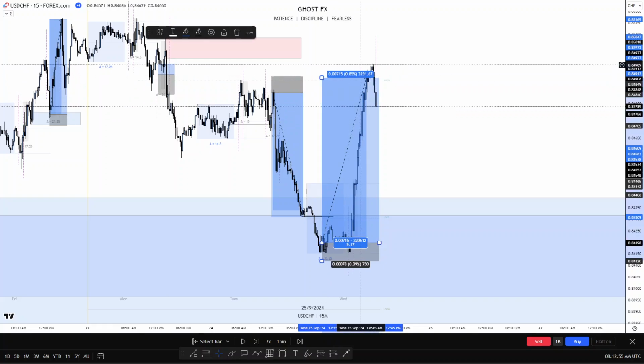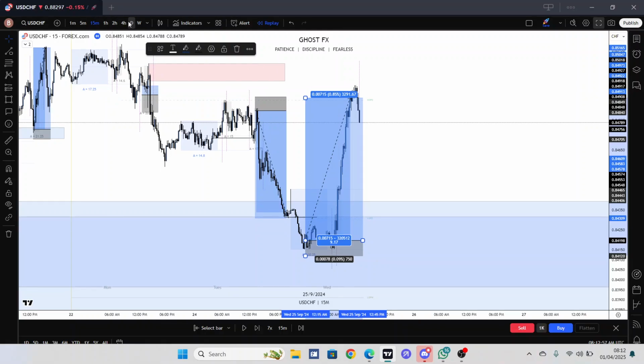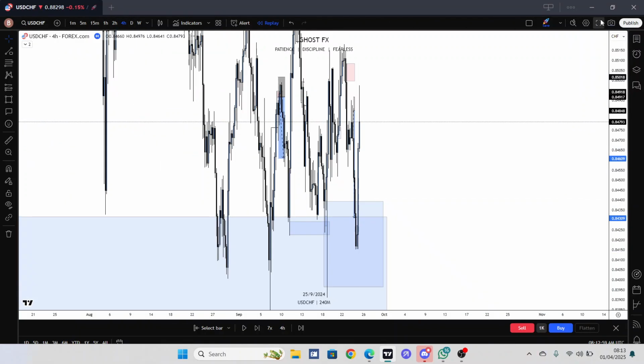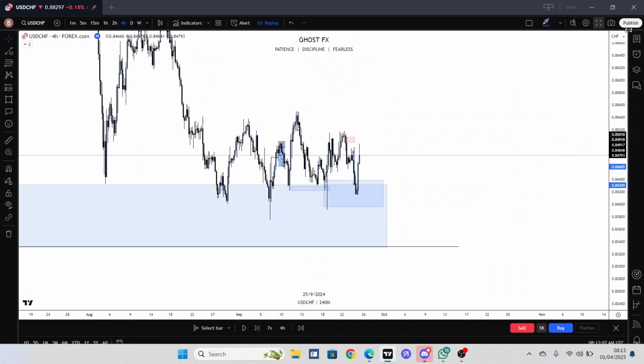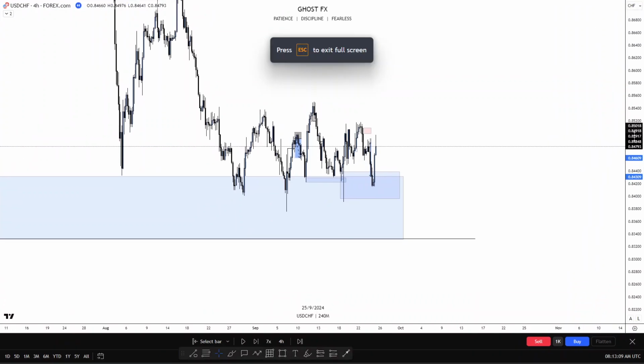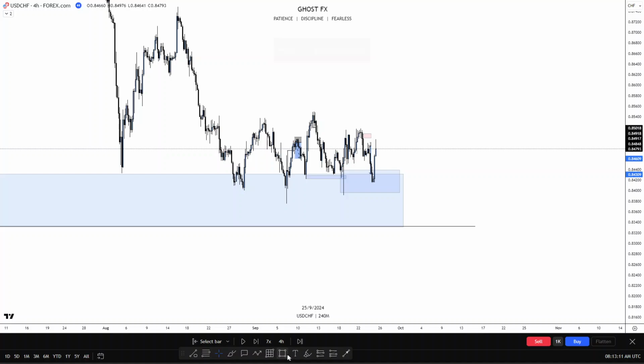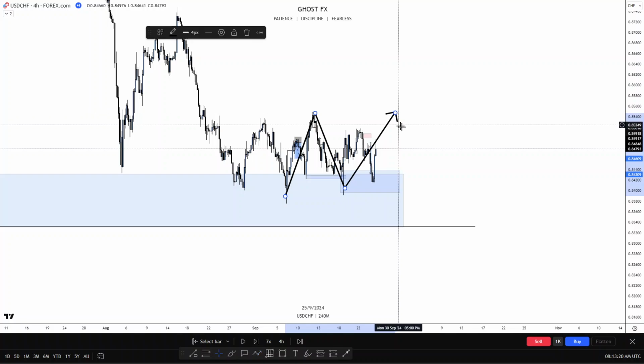But as I said, price is very bullish because on the 4 hour, look at this structure here, higher high, higher low. I'm expecting this to get broken.